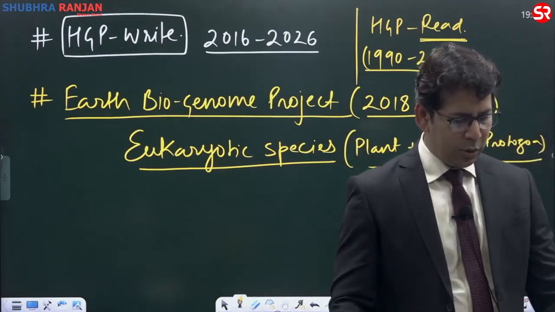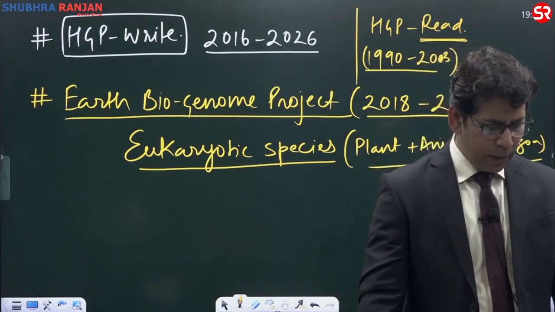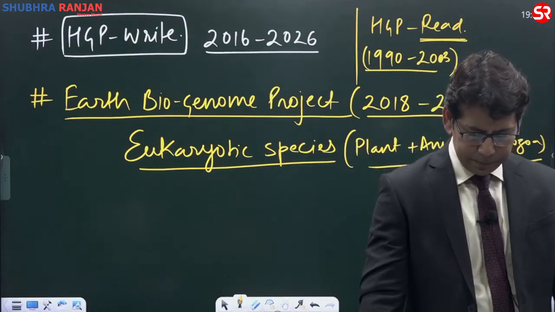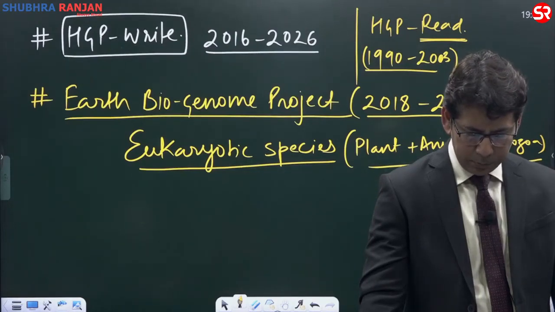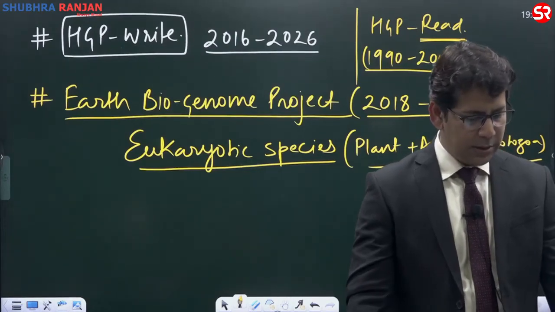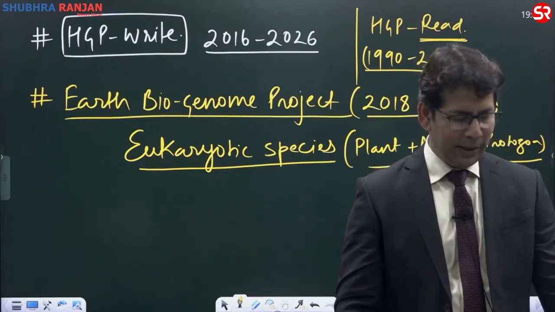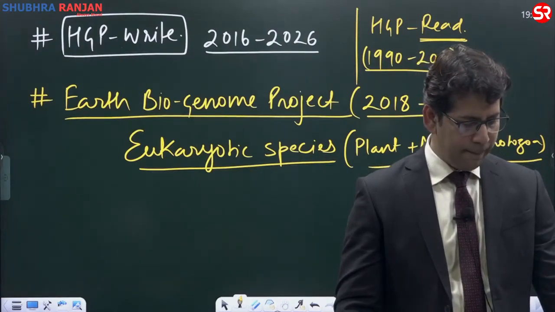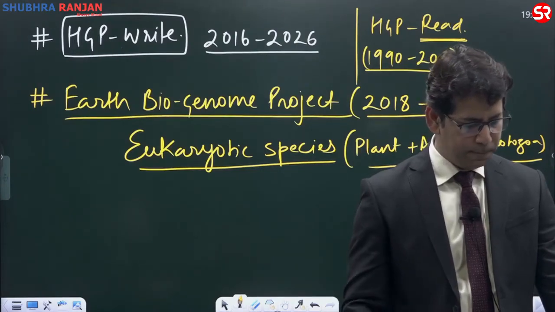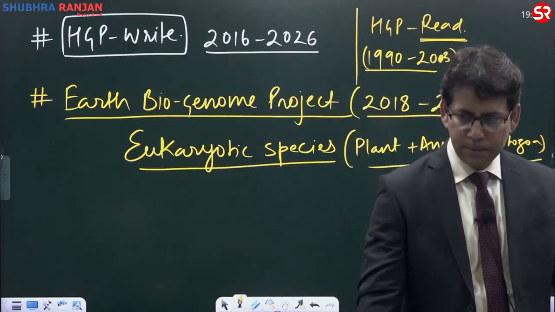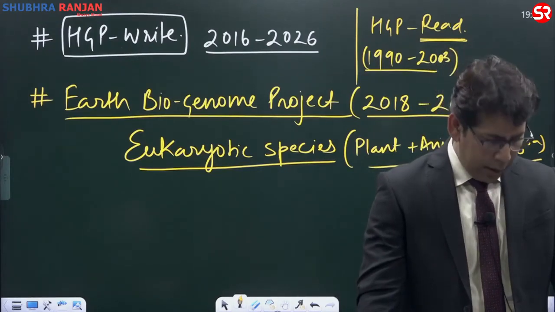So 15 lakh eukaryotic organisms will be mapped and sequenced at genomic level. Next point.